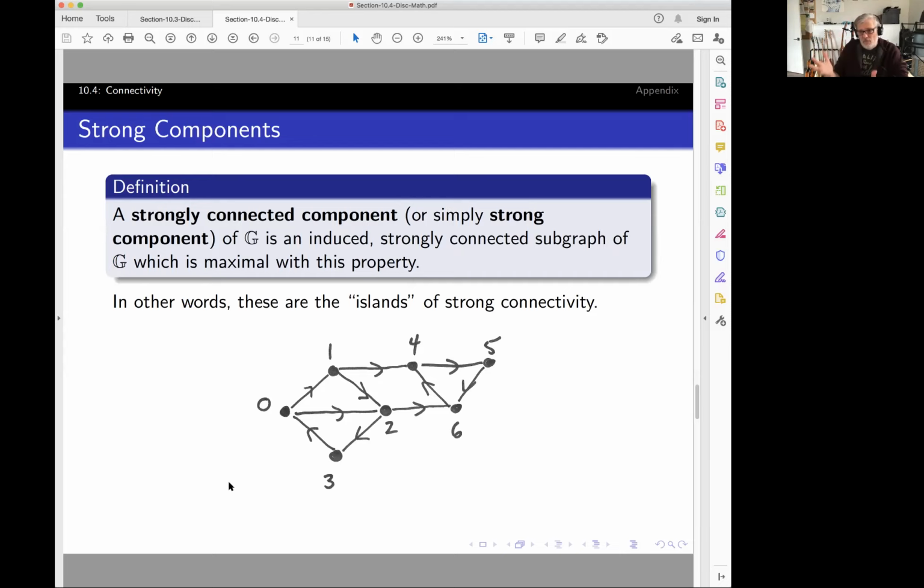Formally, I have to define this as an induced strongly connected subgraph which is maximal with this property, so I can't make it any bigger. Now, this is a bit trickier. Just looking at the picture, you actually have to think about it to see where the strong components are. I don't know if anybody can see where they are.